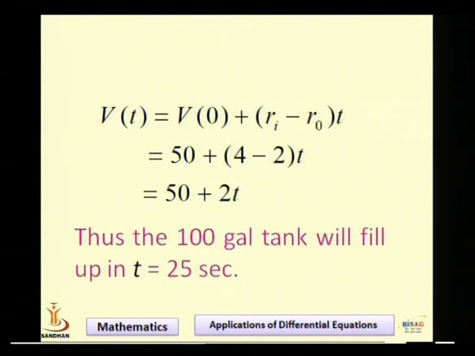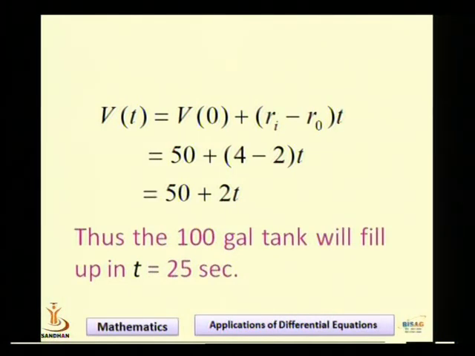So, I can see from this that the 100 gallon tank will fill in 25 minutes, because when you put t is equal to 25, I will get 25 into 2, that is 50. So, 50 plus 50, 100 gallons.